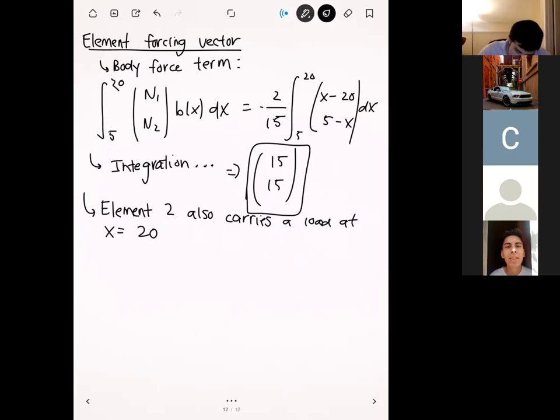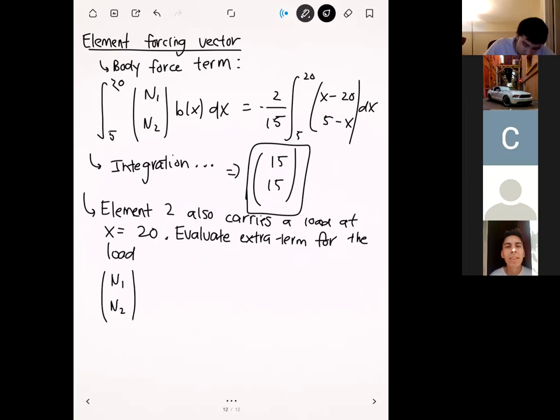Okay. And so what we need to do is we need to evaluate that extra term for the Neumann boundary load. Okay. And so what we have for that is n1, n2 times a times t bar, and we're going to evaluate this at x is equal to 20.